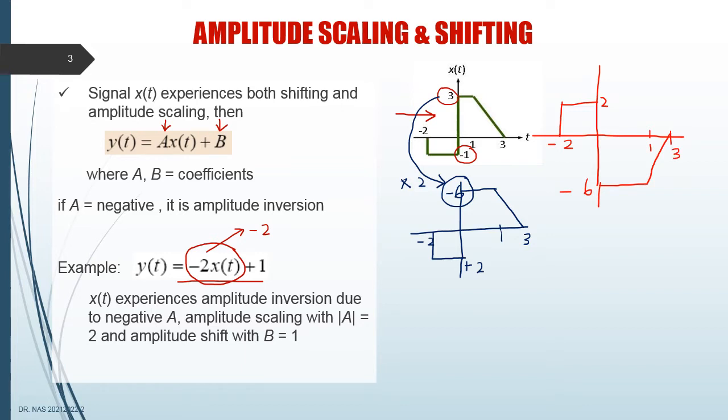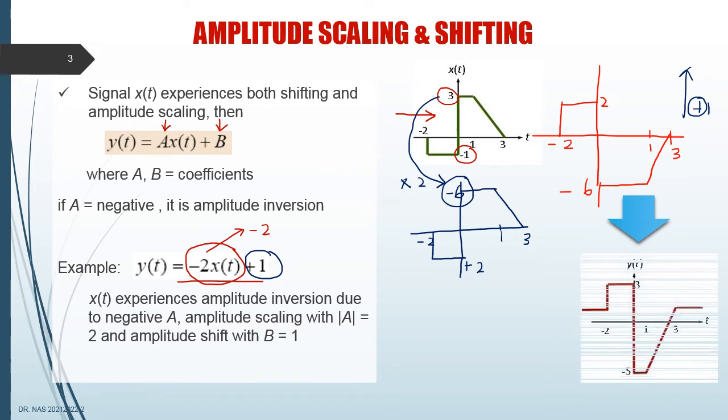Okay, what will happen next? You have done the first part. Second, you still have the shifting. So all signal will be shifted up by +1. Positive means the signal is being shifted up.